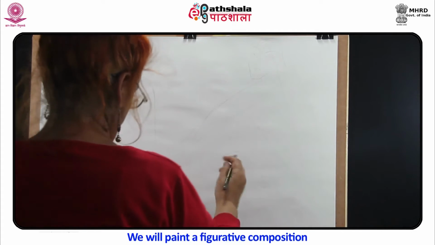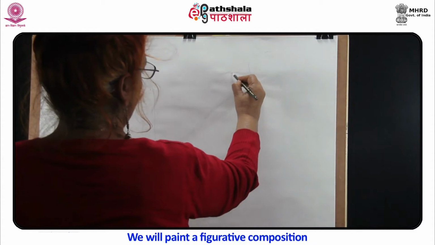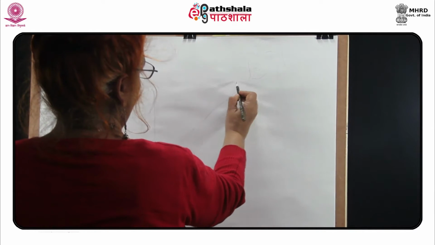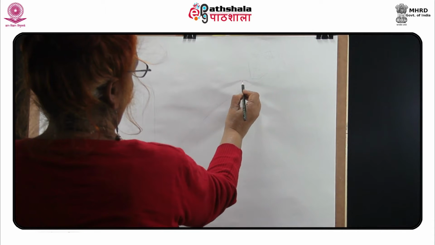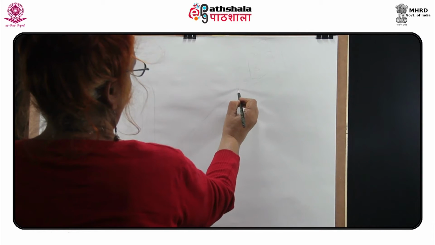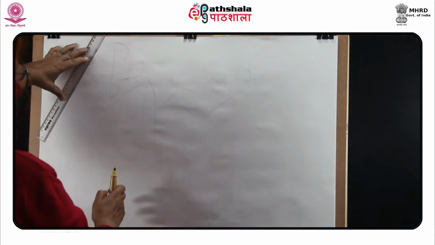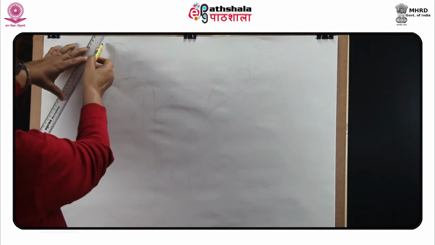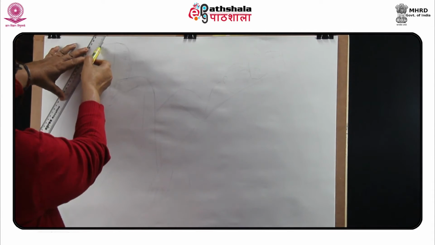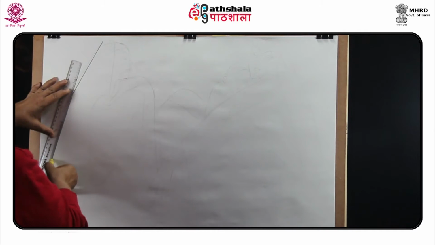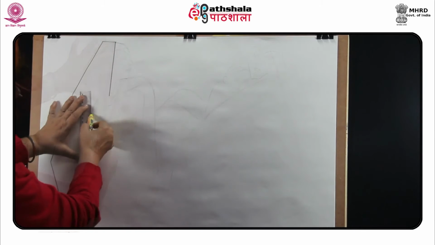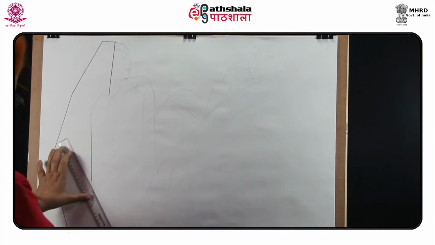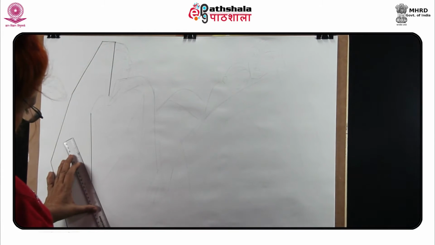We will paint a figurative composition. When you have finished the general sketch, now use the ruler and sketch pen or marker to sharpen the edges. Firstly, draw the outline around the shapes using the marker.